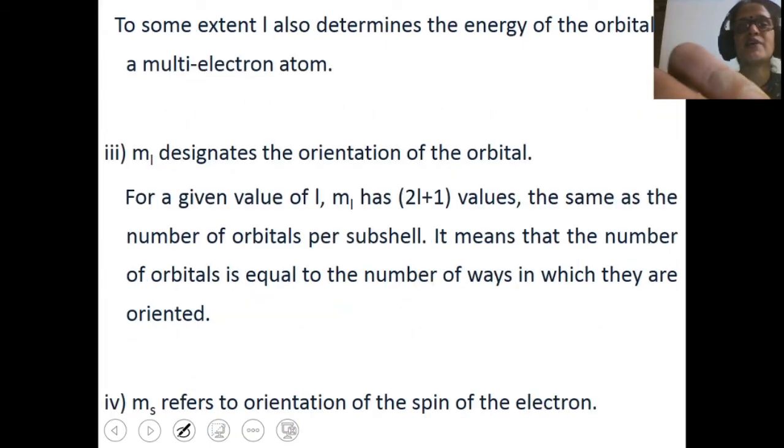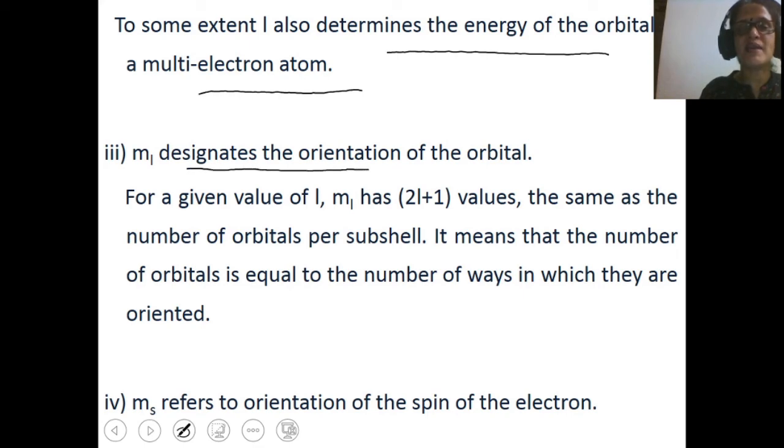So we can say that to some extent l determines the energy of orbitals in a multi-electron atom. Then we come to the third quantum number ml. ml designates the orientation of the orbital, or in a simple way we can say that it represents the number of orbitals. For a given value of l, ml has 2l plus 1 values.